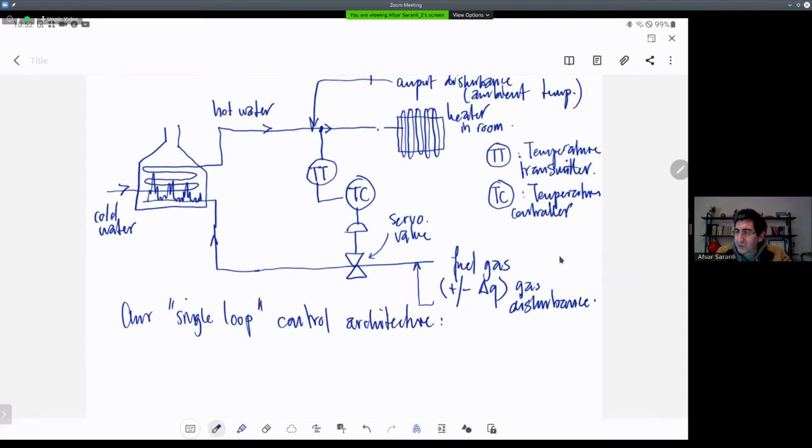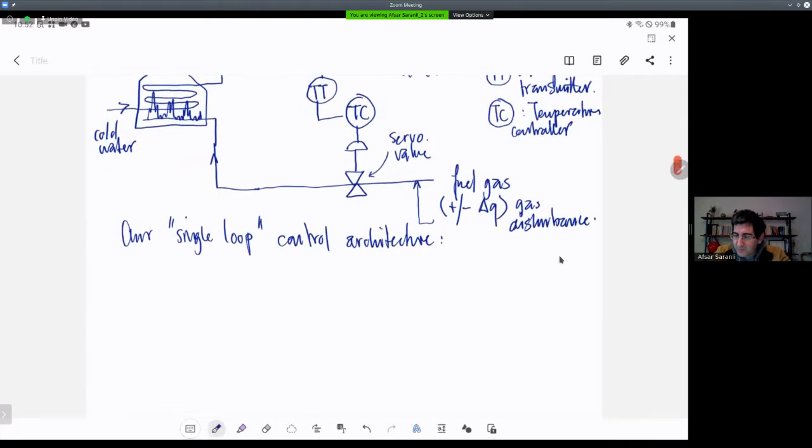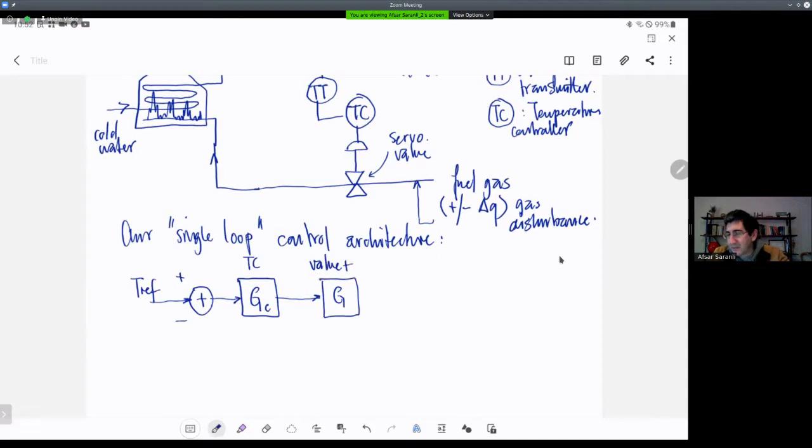So if we want to put down the block diagram of that, what's happening is that we have Tref, the temperature reference to the controller, and then we have GC, our controller, which is in this case the temperature controller, right? And then it's driving the plant. The plant is valve plus heater. Okay, everything that is driven by the controller.